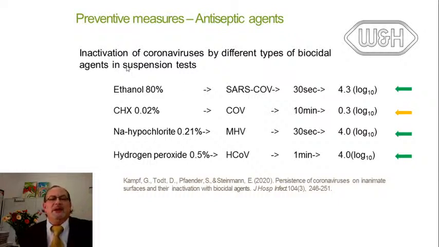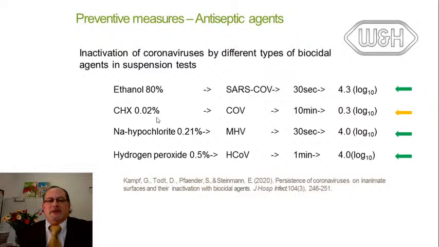And it is about the inactivation of coronaviruses by different types of biocidal agents in suspension tests. So we have to point out it is not about COVID-19 or SARS-CoV-2. It is about other coronaviruses from the past. And there ethanol has been shown to be very effective in lowering the concentration of the virus.